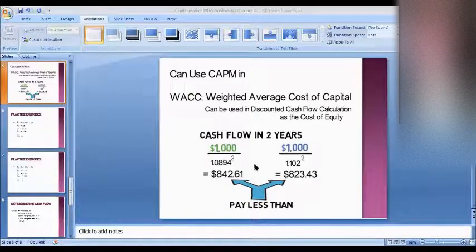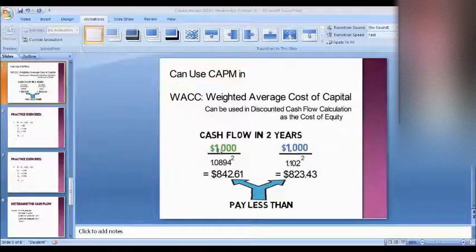So we compute this simply to know the present value of our money today. For us to come up with 1,000 in the next 2 years, we need to invest 842.61 today.